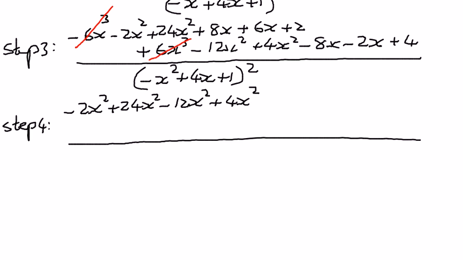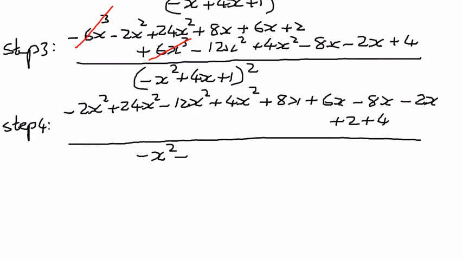Then we have the next highest power, which is x: plus 8x plus 6x, then minus 8x minus 2x, and then the constant numbers we have are plus 2 and plus 4, and this whole thing is divided by minus x squared plus 4x plus 1.